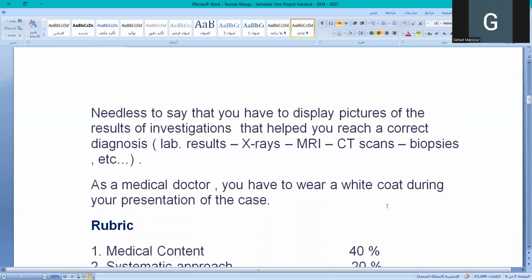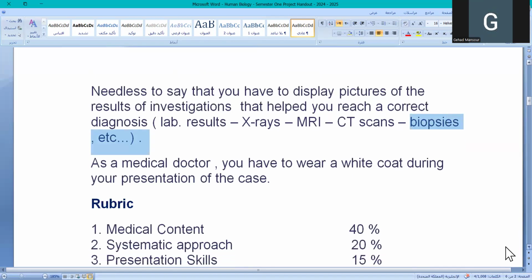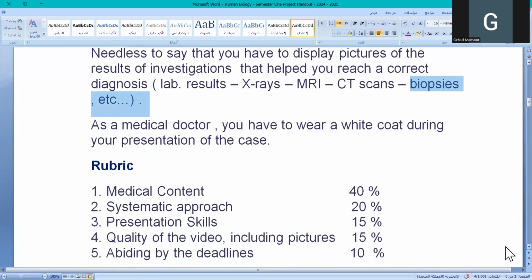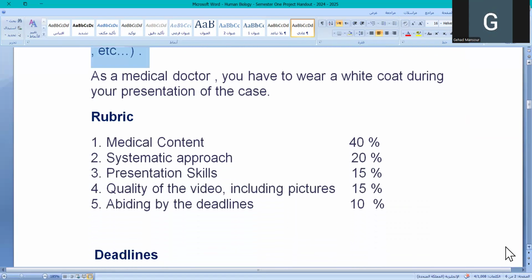But before seeing the rubric, it's needless to say that if you have lab results for the patient, like results of a blood picture or urine analysis, or an X-ray for a bone injury or a joint injury, or an MRI or a CT scan, or even the results of a sample or a biopsy from the muscle that shows the pathology and the changes in the tissues, you have to show this. The more pictures in the video, the more interesting it is.